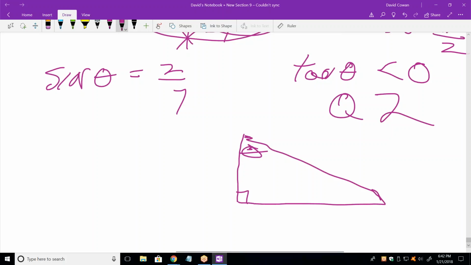Label the triangle for me. Dimension. What's opposite theta? That's 2. What else do you know? The hypotenuse is 7. And what's the third side? So it's x squared is 45. This is where it really helps to do the technique where, when you're solving for the short side, it's the square root of the hypotenuse squared minus the other short side squared.